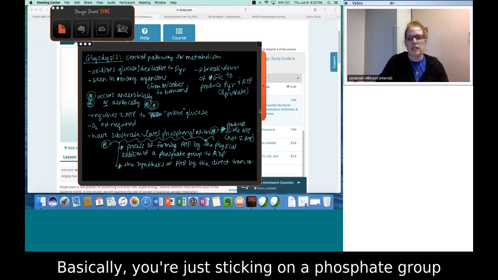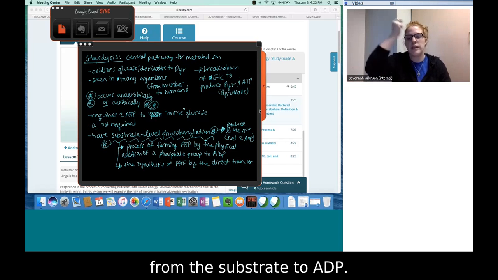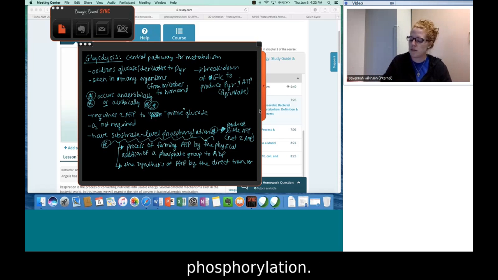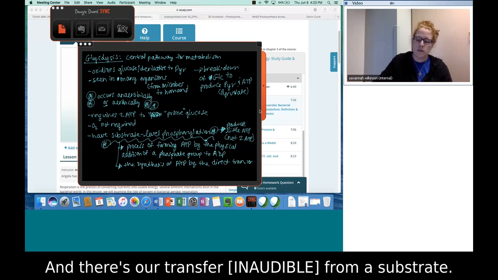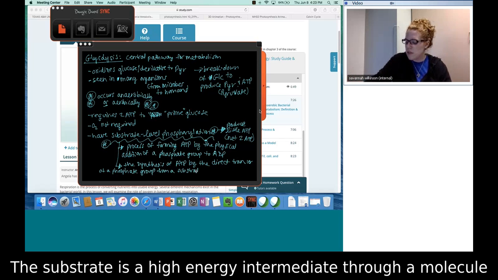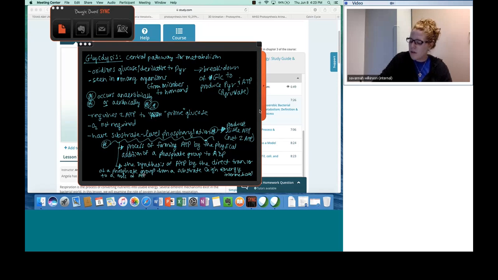Basically, you're just sticking a phosphate group from a substrate onto ADP. That's what's happening in substrate level phosphorylation: the direct transfer of a group from a substrate, which is a high energy intermediate, to a molecule of ADP.